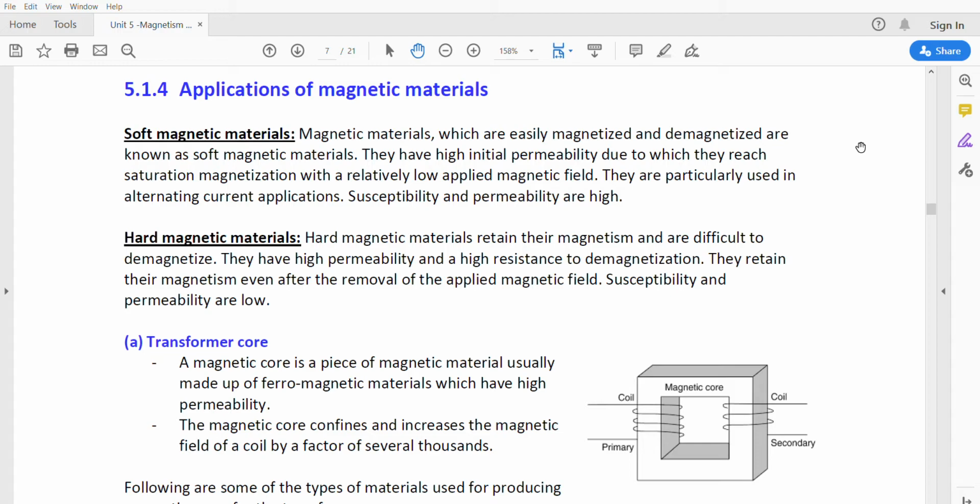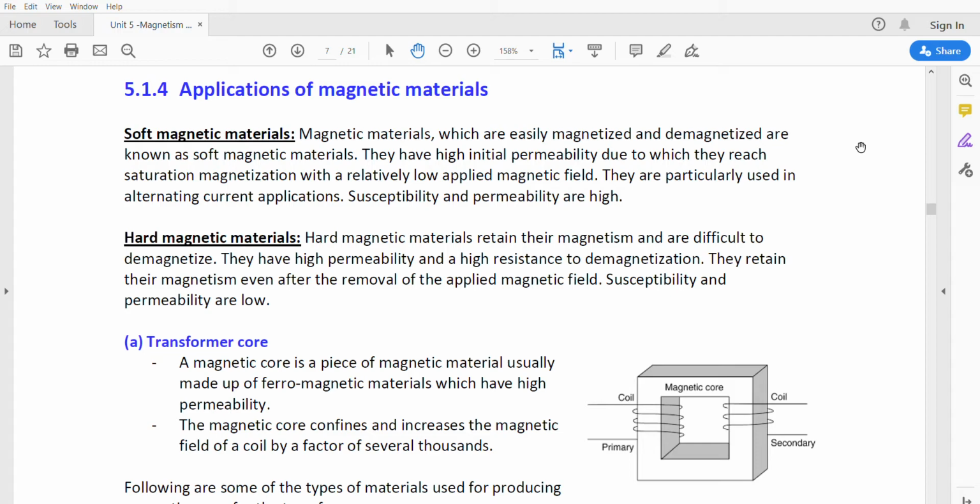The next type of materials is the hard magnetic materials. Hard magnetic materials retain their magnetism and are difficult to demagnetize. They take so much time to get magnetized, and a high strength field is required.